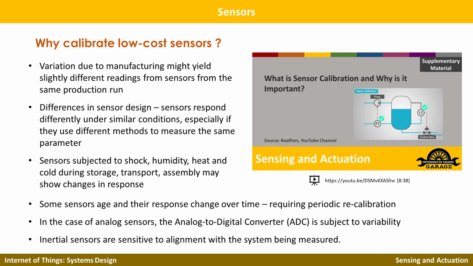Sometimes you start sensing humidity or temperature, and then you realize that it is offset by a number of Celsius. Then you need to recalibrate, either from a software perspective or a hardware perspective.